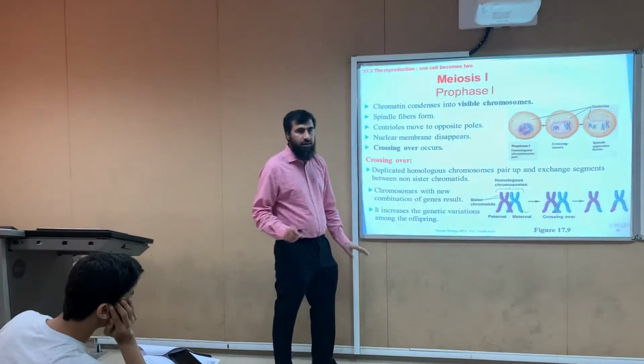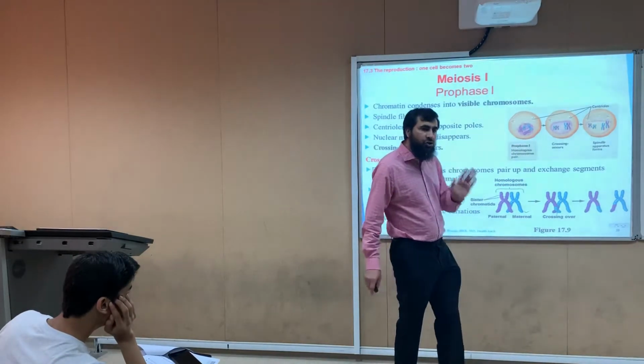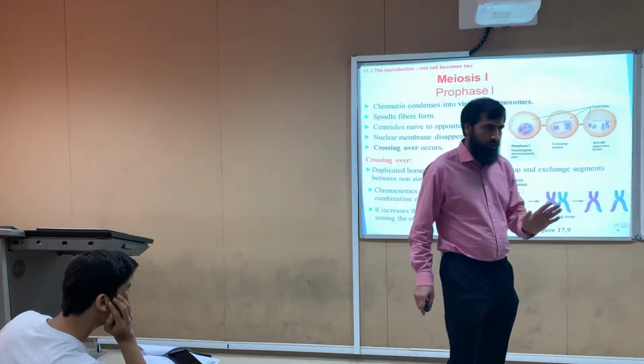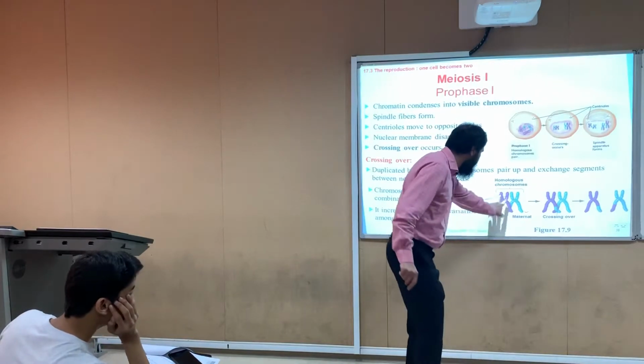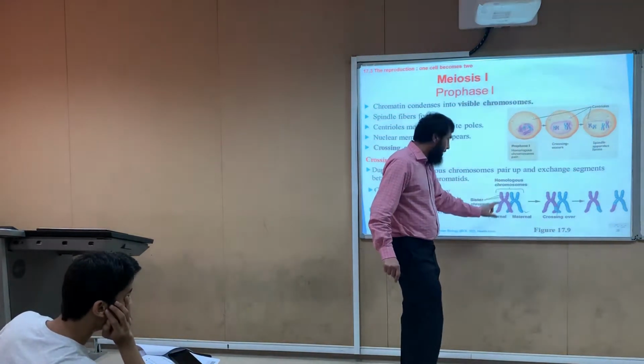You got that? You remember I said before meiosis begins, you get duplication of the DNA. So the chromosomes are duplicated. Exact same copy on both of them, okay? Both sister chromatids are identical.